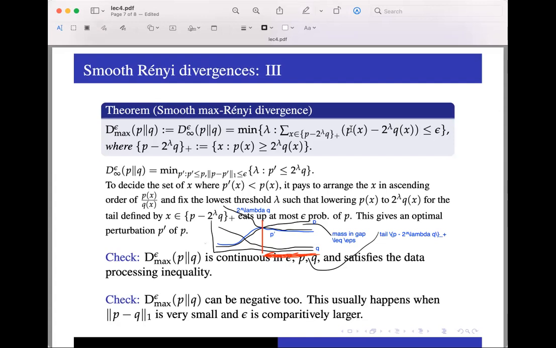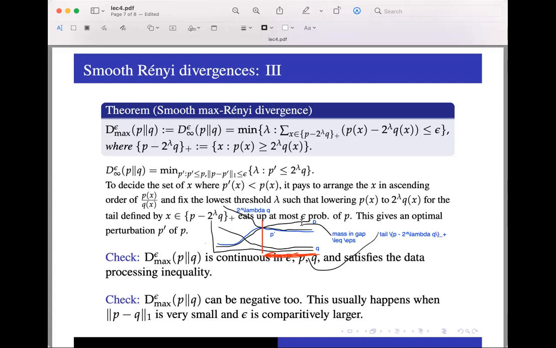Let's say I increase epsilon slowly, then the optimizing threshold here should also vary slowly. So why is that the case? Let us say I increase from epsilon 1 to epsilon 2, where epsilon 1 is less than epsilon 2. So I'm going to allow more mass in this gap.